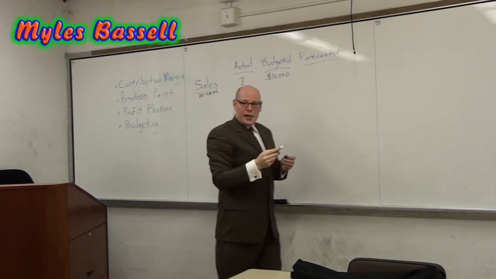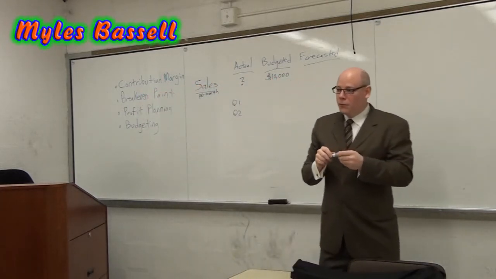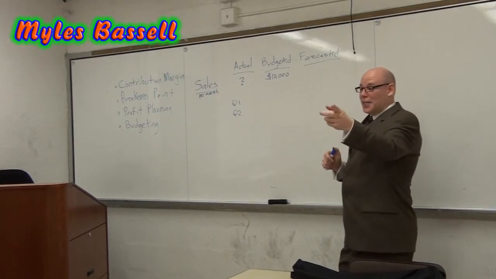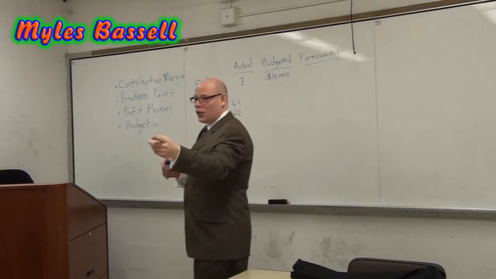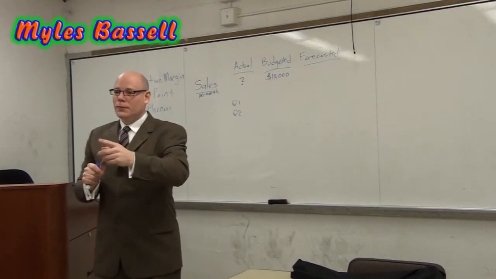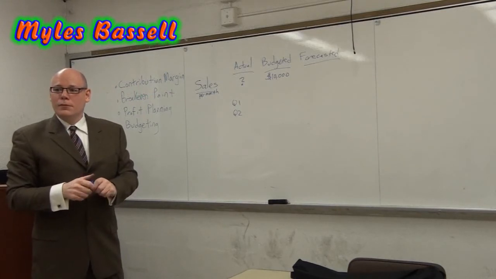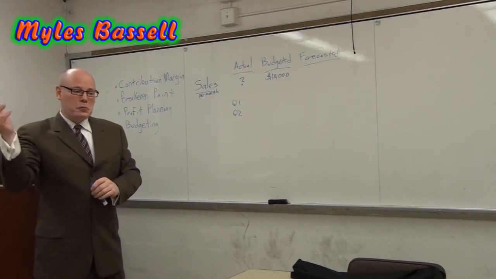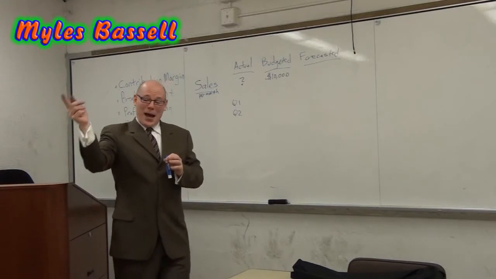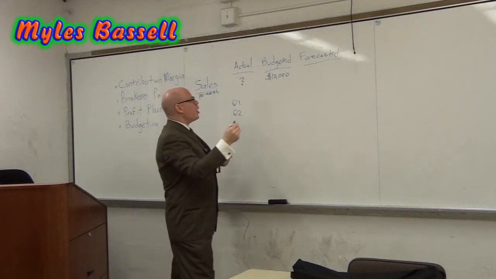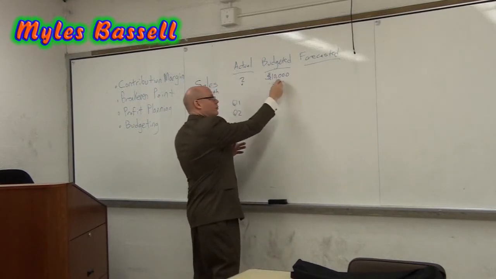Then what is forecasted? What they expect. Yes, what they expect, and where is that information coming from? Previous sales, marketplace analysis. Yes, from Abigail, right? So budgeted, this number won't change.